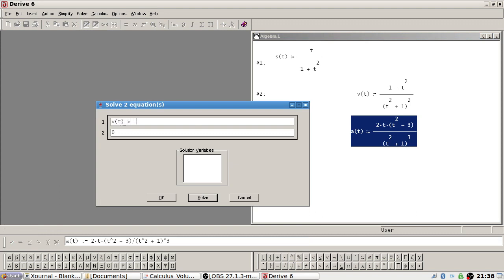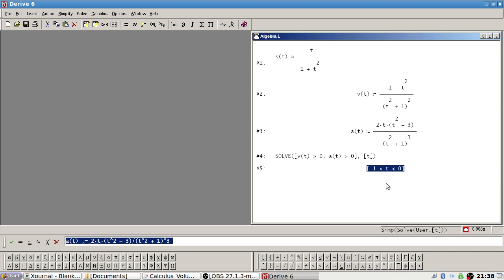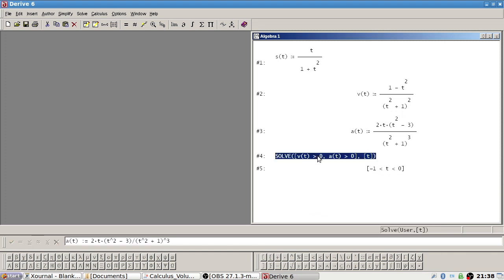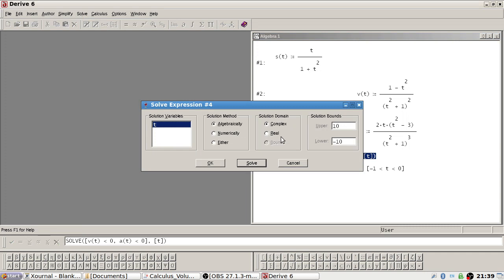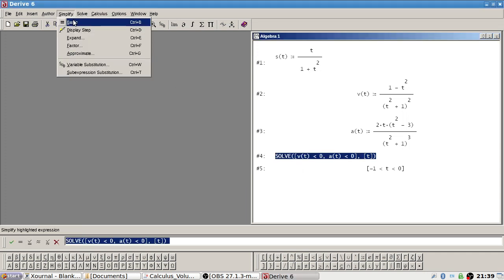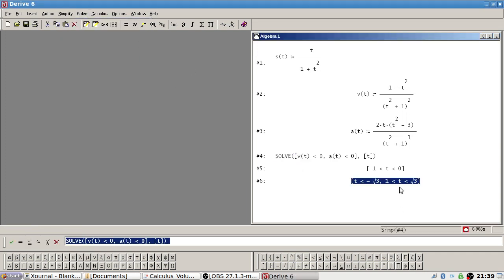Velocity is positive and acceleration is positive. So that's not in our set, okay? And then the other situation for speeding up is when the velocity is negative and the acceleration is negative. Oops. And that's between 1 and root 3.